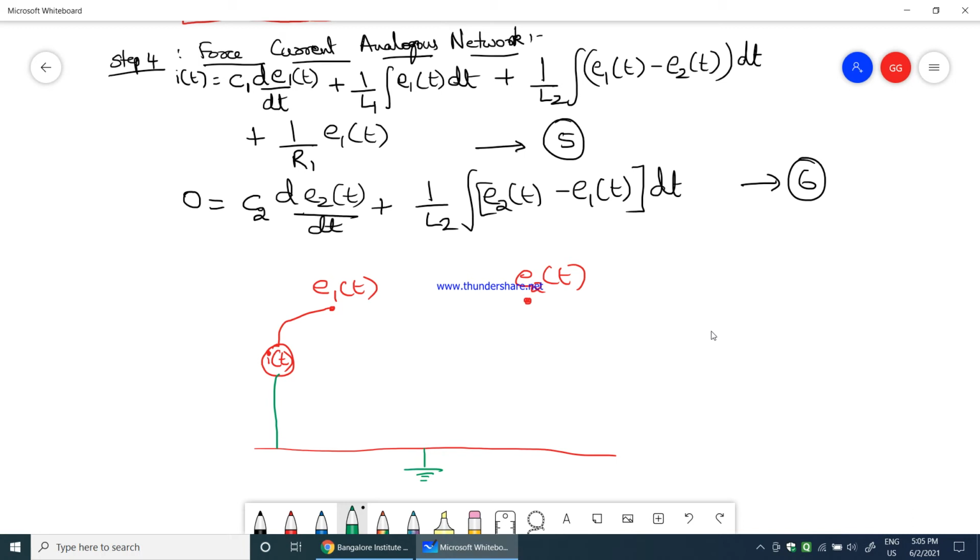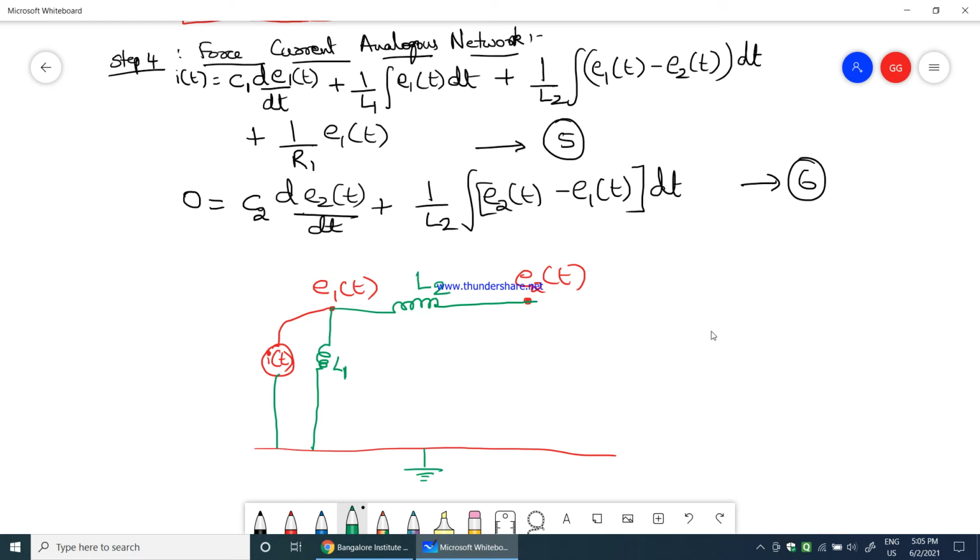Then we have 1 over L1 which is connected only to E1 of t. Therefore only to E1 of t we have an inductor. This is how it is connected to ground. So this is L1. Then we have L2 which is connected between E1 of t and E2 of t. So this is L2.